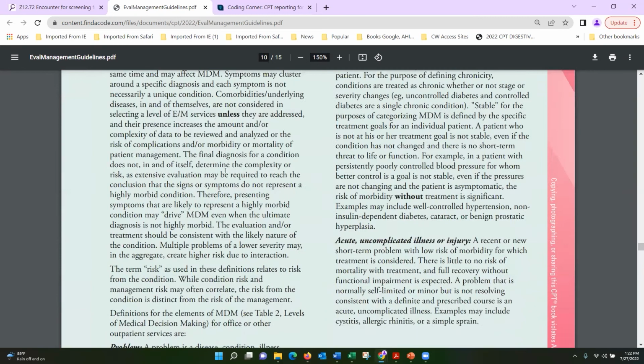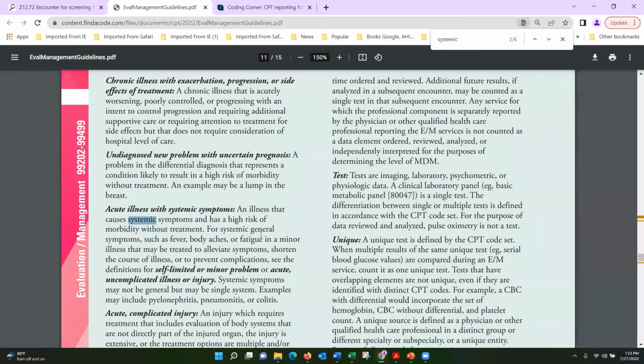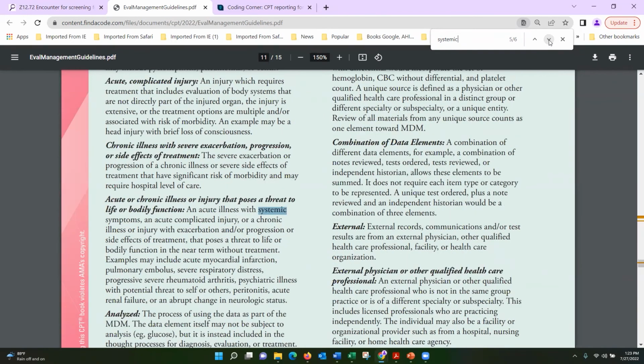I want you to see for systemic general symptoms: fever, body aches, fatigue. So this gives us an example. But if you do a search, then you want to go through each and every term.